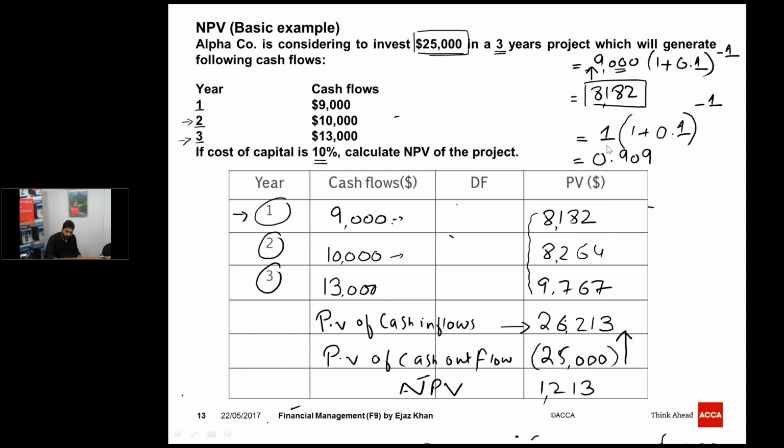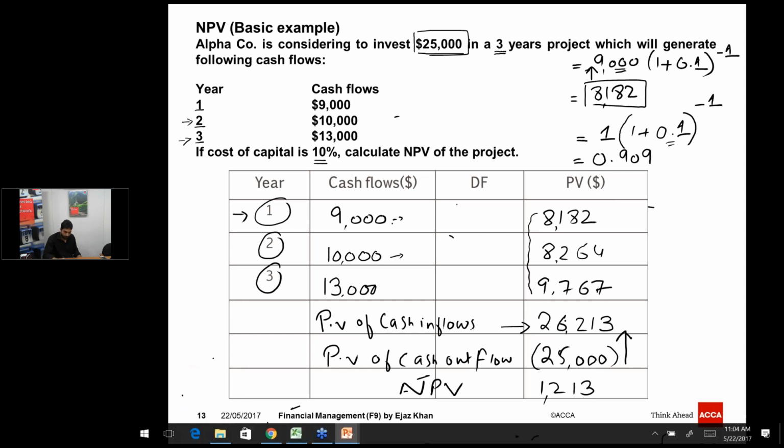If we are supposed to receive $1 after year one, the maximum that we will be investing against this $1 will be $0.909 if we require a 10% return. Now, why have we calculated this figure?